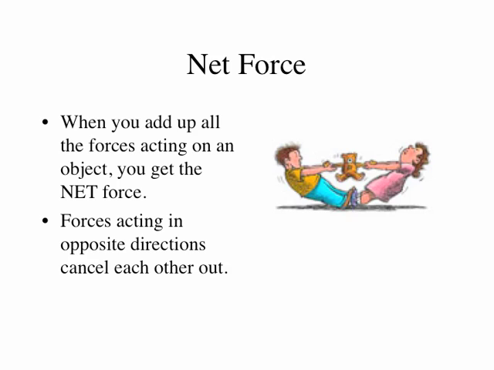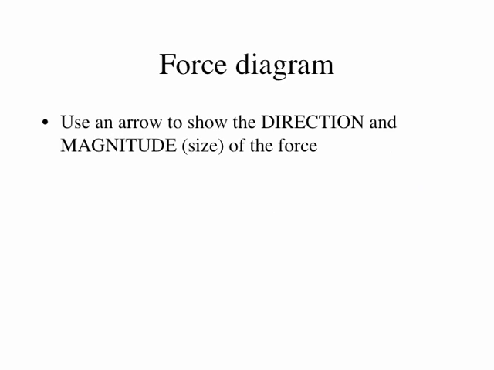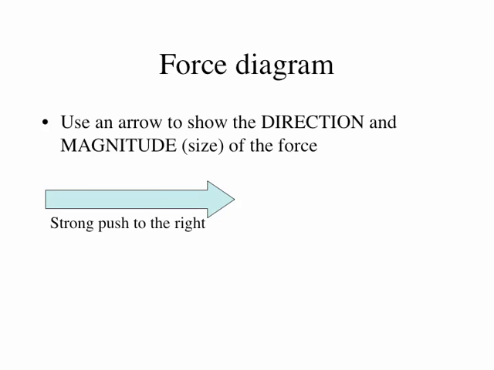If the girl is stronger and is pulling with more force towards the right, the net force will be acting towards the right. In a force diagram, we'll use an arrow to show both the direction and the magnitude, that is the size of the force. So for example, a big arrow pointing towards the right might represent a strong push to the right.